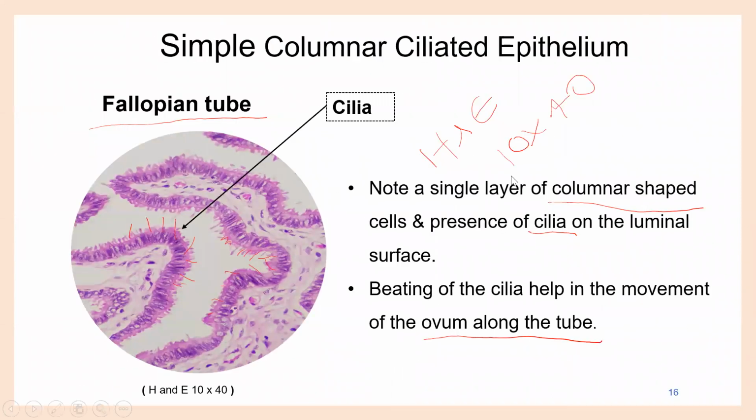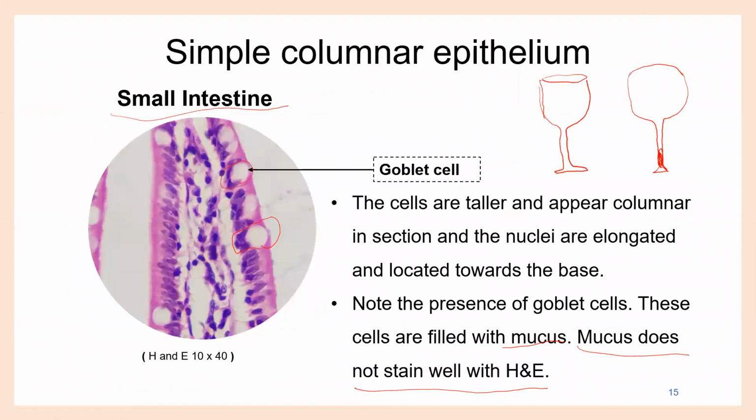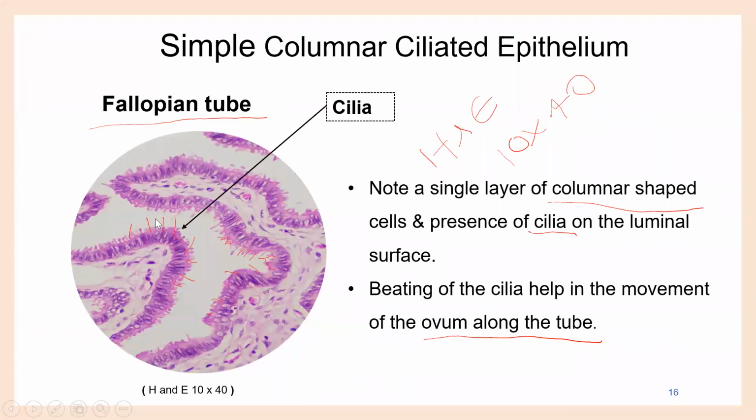Here you can see them, they are like lines, right? But this has a sort of hazy appearance. That is the brush border, the microvilli. They're very hazy, you can't really see them as lines, but here you can see them like lines. So it may seem difficult, but when you look at it, it is not that difficult. And also by the other features, you know what is what.